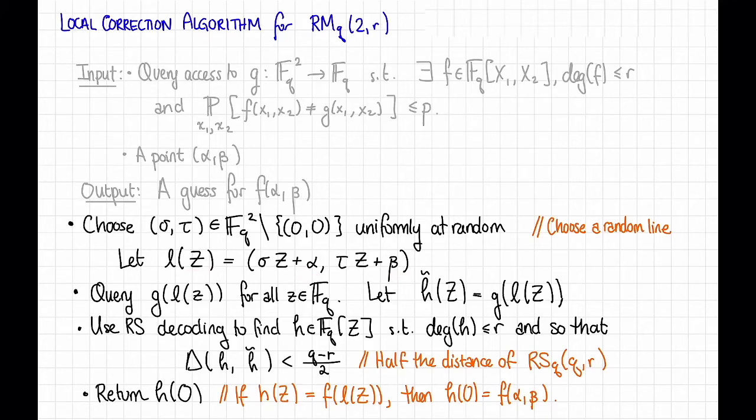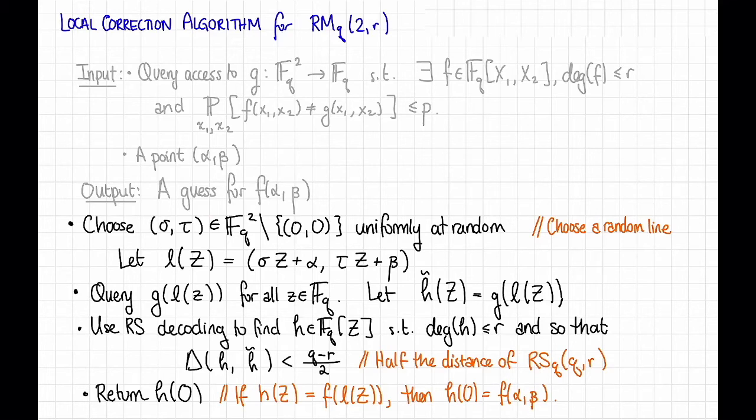Then we're going to query g at all of the points on the line. So we're going to query g of L of little z for all little z in F_q. That will allow us to recover some function h twiddle of z, which is just equal to g of L of z. Now, as we discussed on the previous slide, we hope that h twiddle of z is a lightly corrupted low-degree polynomial.